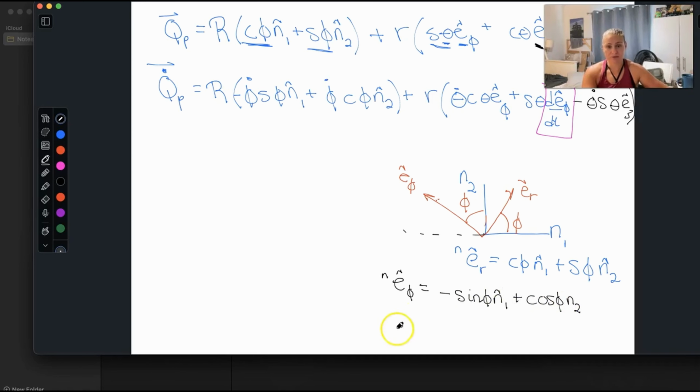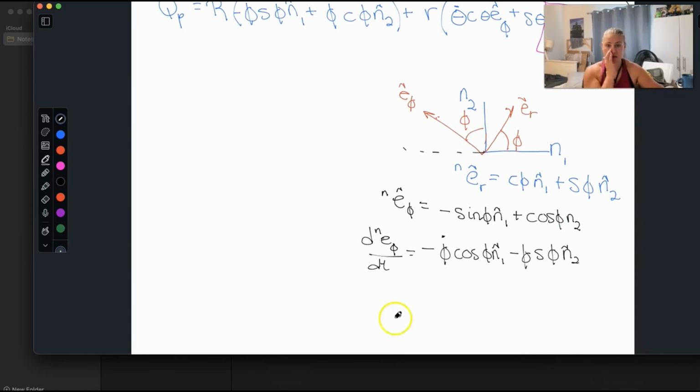But I'm asked for the derivative, so let's take its derivative with respect to time. This is going to equal negative phi dot cosine phi N1 minus phi dot sine phi N2.